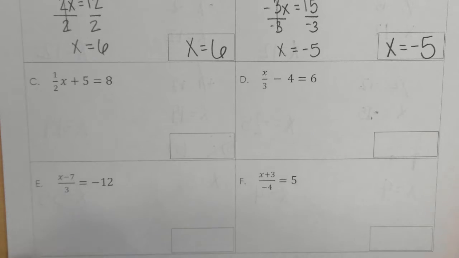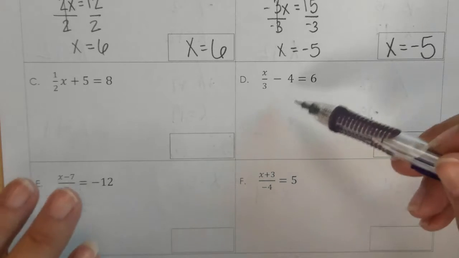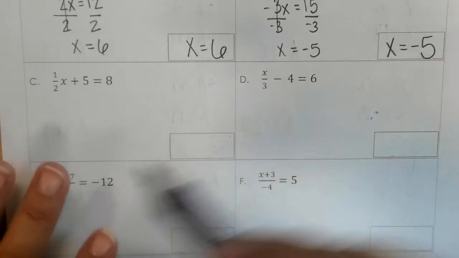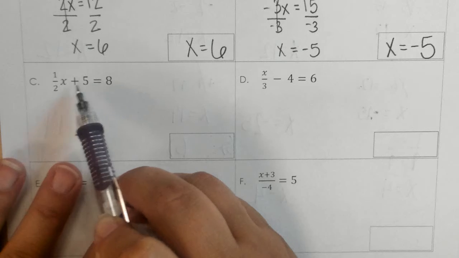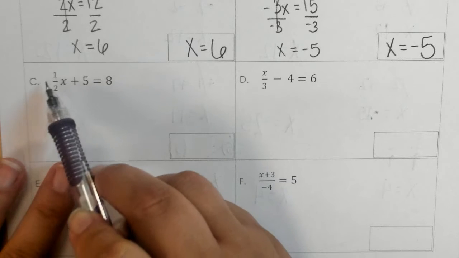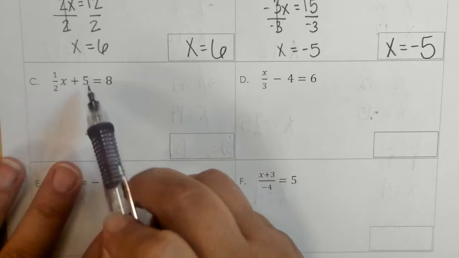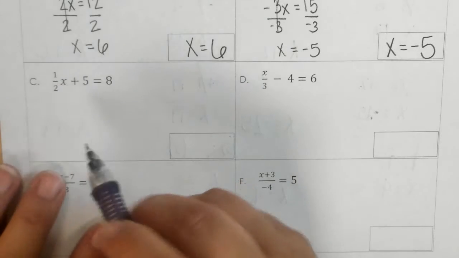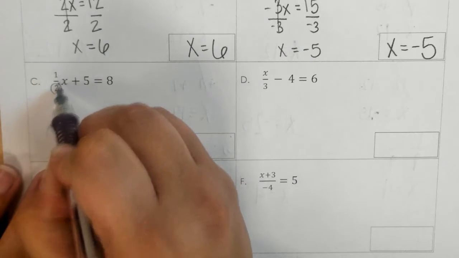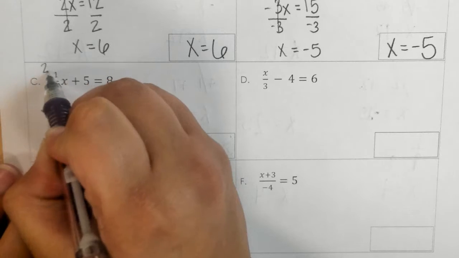In letter C and for D, we're going to do something called clearing the fraction. So in the past, you probably subtracted 5 from both sides and then flipped the fraction and multiplied on both sides. The other thing we can do is take the denominator here too, and put it above every term.